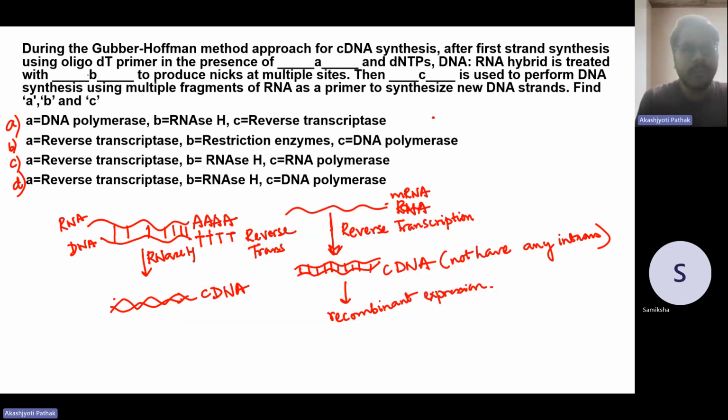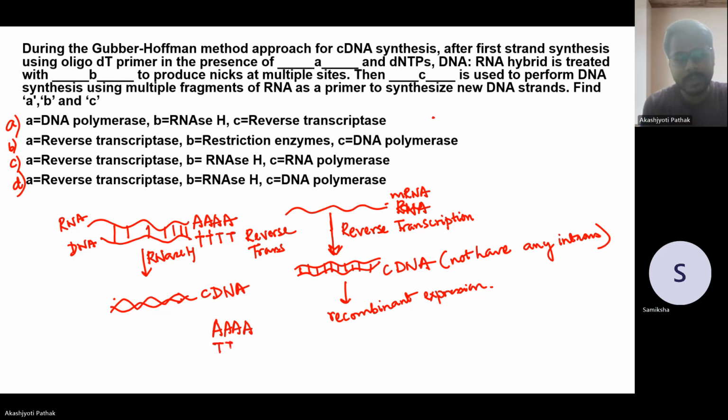During the Gubler-Hoffman method approach for cDNA synthesis, after first strand synthesis using oligo-dT primer in the presence of dash and dNTPs, what do you need here? After, in the last step, when the RNA is degraded with RNase, then to make the other strand, the left out strand complementary, we will add the DNA polymerase so that the other strand is formed.